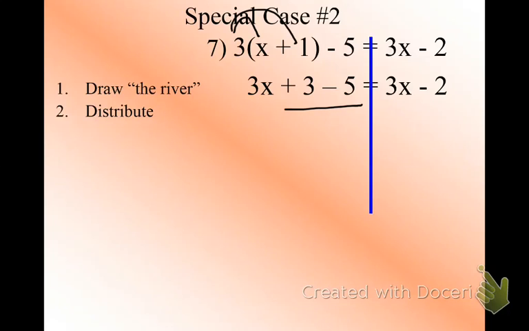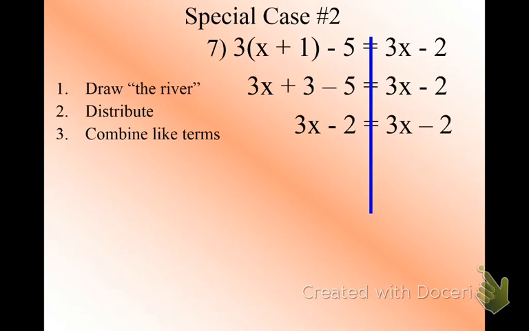They're on the same side of the river. So we do not, again I repeat, we do not have to do the opposite sign. Instead we can combine like terms. Because they are on the same side of the river, we can combine like terms. So combining like terms, we get 3x equals negative 2.